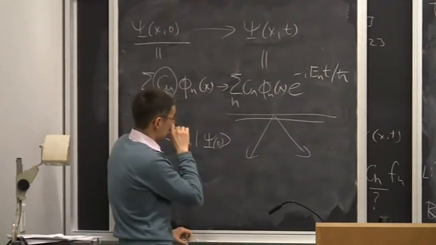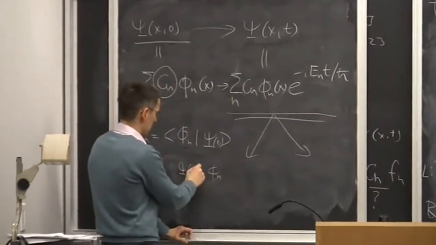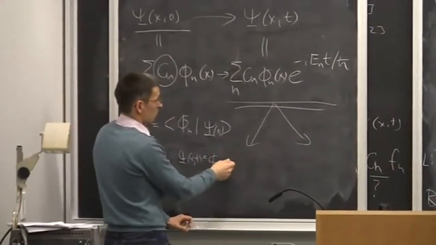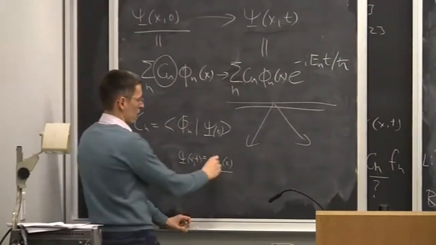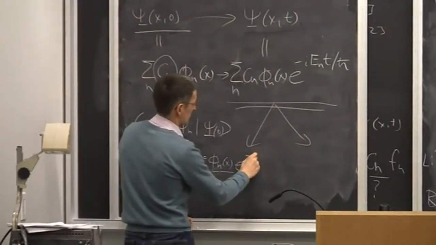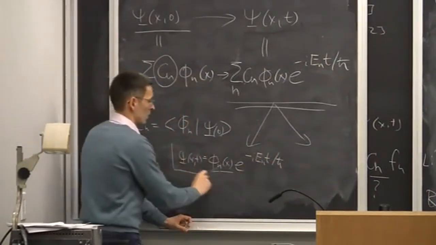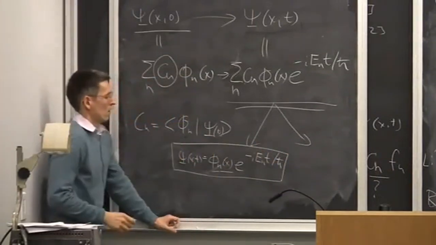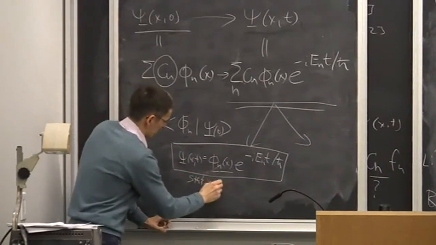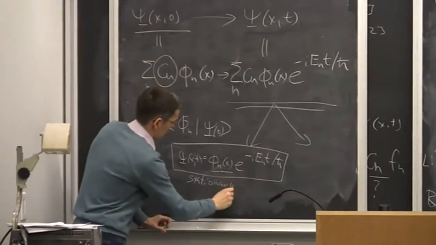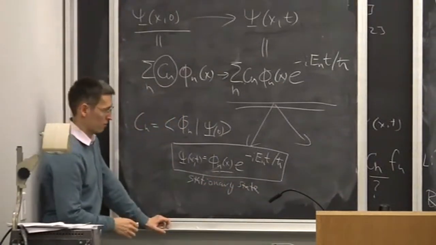One is a very simple case where you have a wave function as just a single product of the space part times this time-dependent exponent, right? This is the so-called stationary state, a stationary solution of the time-dependent Schrödinger equation.